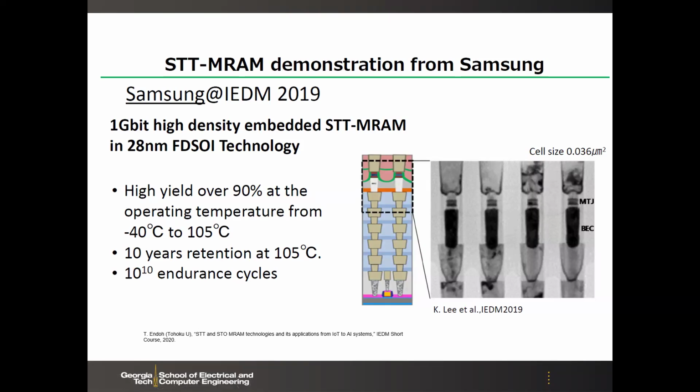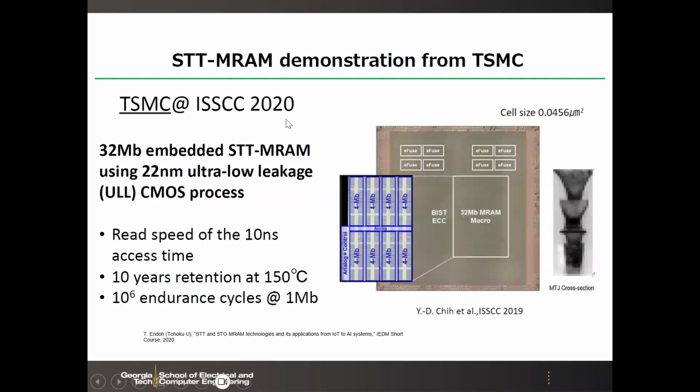Then TSMC, here 32 megabits at the 22 nanometer node, with latency of 10 nanoseconds. But the endurance, you see, is only 1E6 in this case.